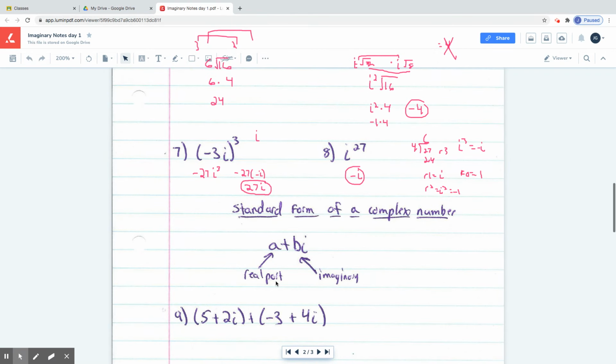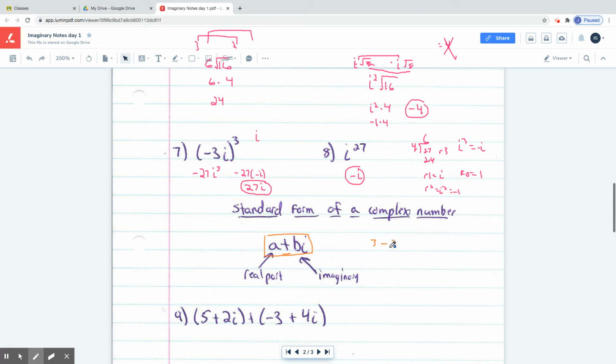A complex number. The standard form of a complex number is a plus bi, where a is the real part and bi is the imaginary part. So for example, I could have an answer of 3 minus 2i, plus or minus, it doesn't matter if it's positive or negative.